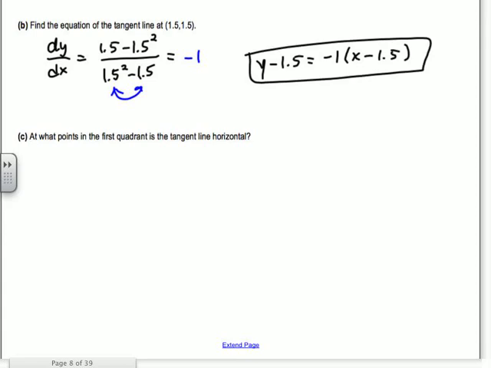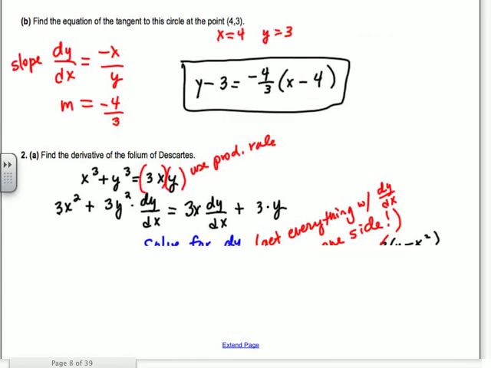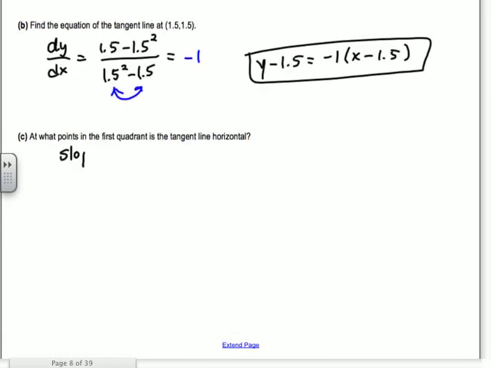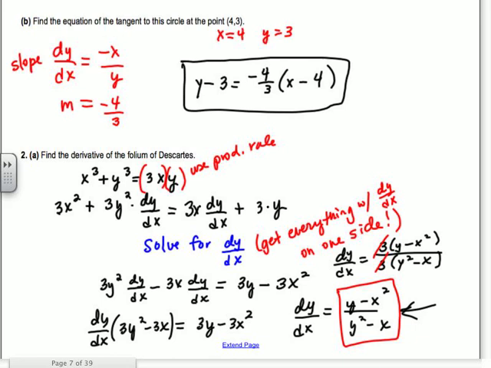Okay, at what points in the first quadrant is the tangent line horizontal? Okay, so we have the slope equals 0. That's what Rachel said. So dy over dx was y minus x squared over y squared minus x.